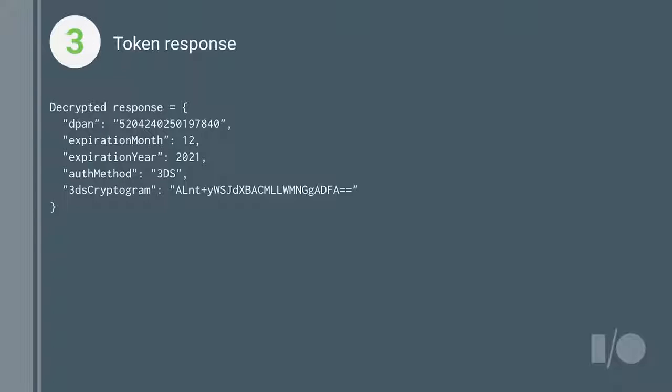The DPAN stands for device personal account number. As you can see, it looks like a credit card, but it's not really a credit card. It even passes the Luhn check, as a curiosity. Now, when a user adds a card to Android Pay, the payment networks and the issuers generate this number called the DPAN, and that gets associated with your phone, and that's actually what gets charged.